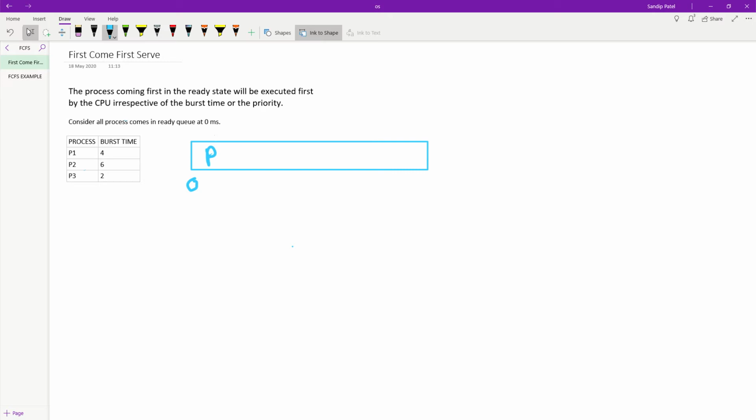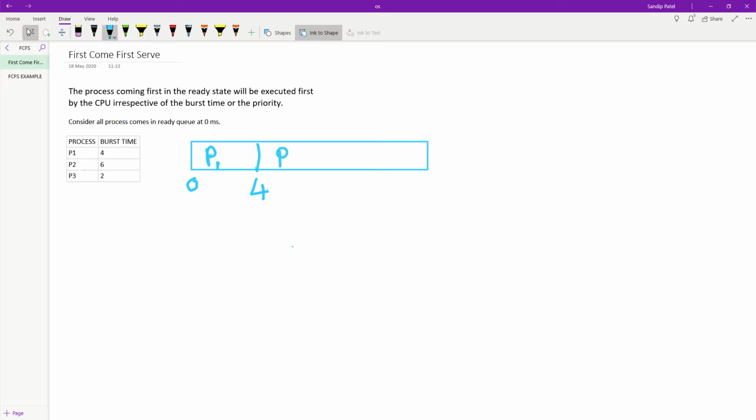Next, how much burst time is required by the process P1? That is 4 millisecond. Now this is a non-preemptive algorithm, so as P1 enters into the CPU, it completes its execution, and only then it leaves the CPU, right? So after 4 millisecond it will stop and exit from the CPU, right?